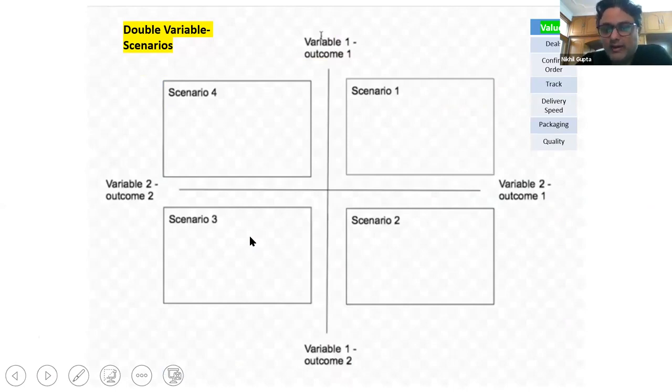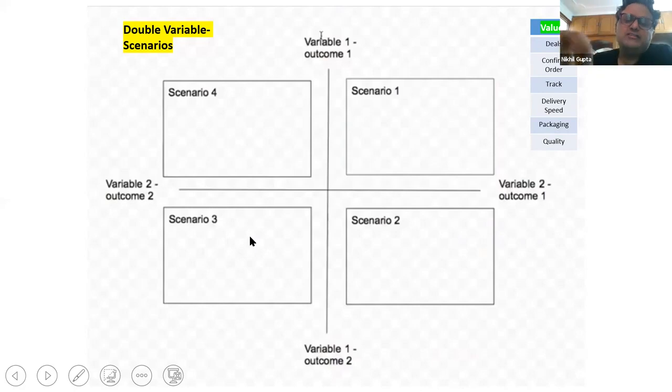Now, another thing you can do is build scenarios. If I combine two values, good or bad, I can say delivery slow, let's say variable 1, and fastest delivery. And I can take another variable, let's say deals: no deals versus better deals, best deals in the industry.